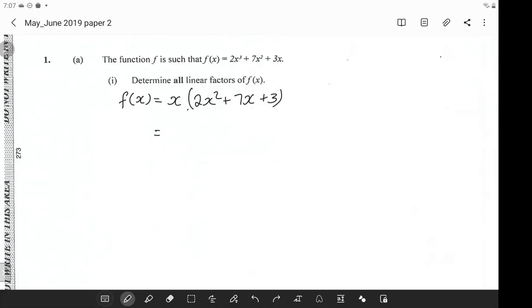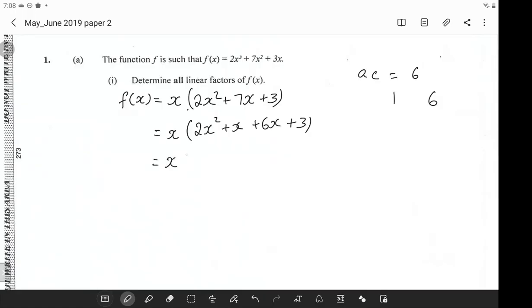A is 2 and C is 3, so AC is 6. Notice that the combination can be 1 and 6, because 1 plus 6 is 7. So we can replace that. We have x into 2x squared plus x plus 6x plus 3.